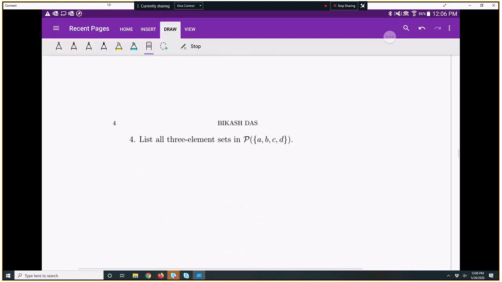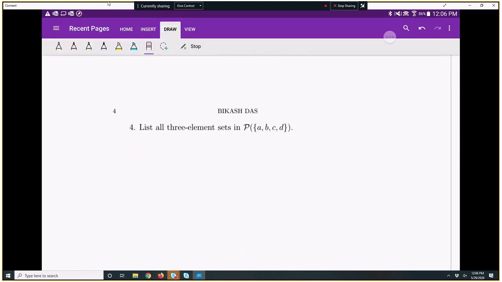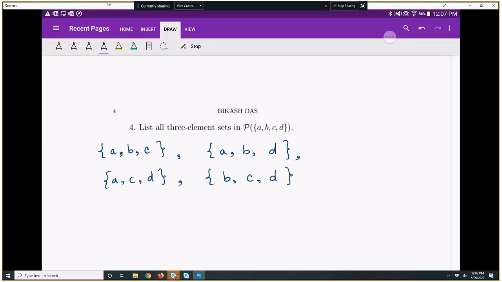Next, it'll ask us to list all of the 3-element subsets. So in a similar orderly fashion, I'm going to see what combinations I could have. I could have A, B, and C. Or I could have A, B, and D. Or I could have A, C, and D. Or I could have B, C, and D. And that should be all of them.